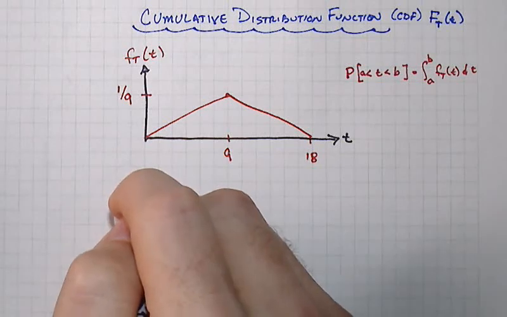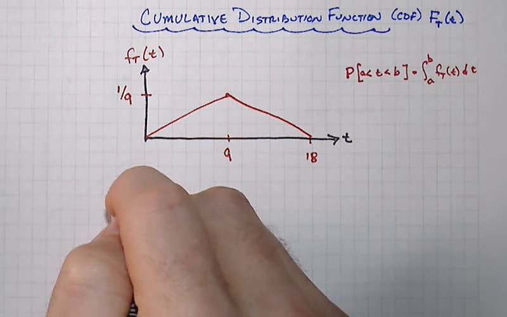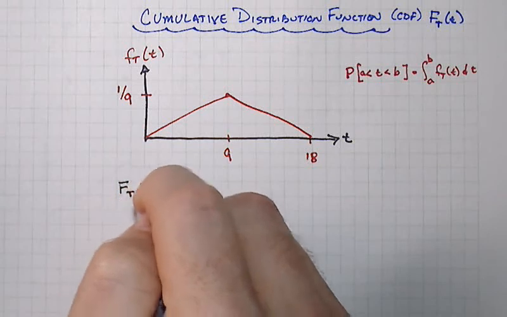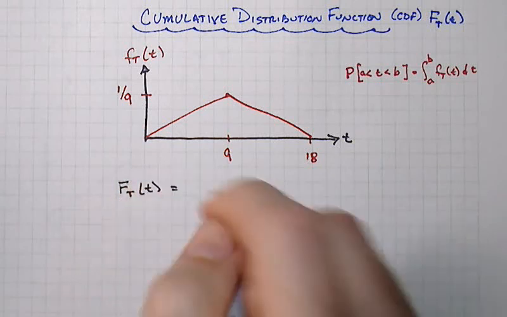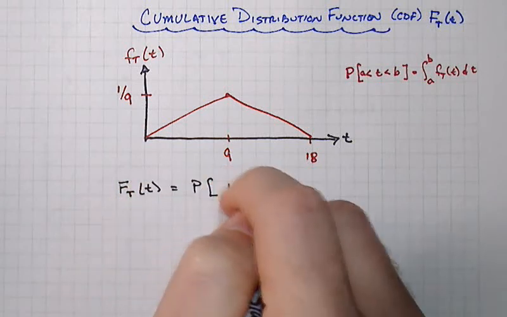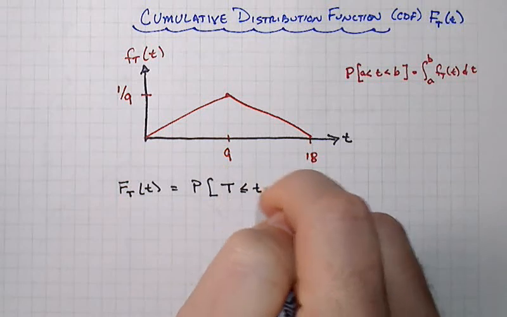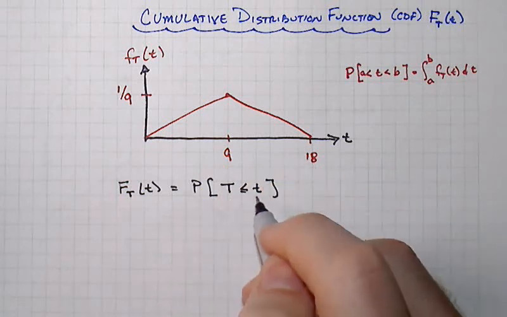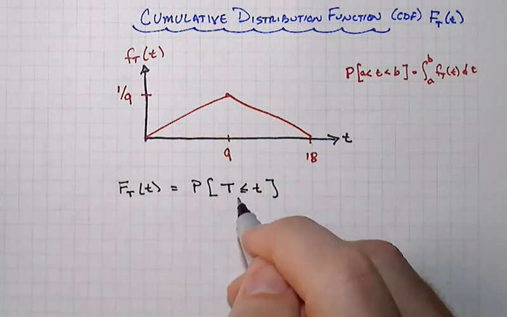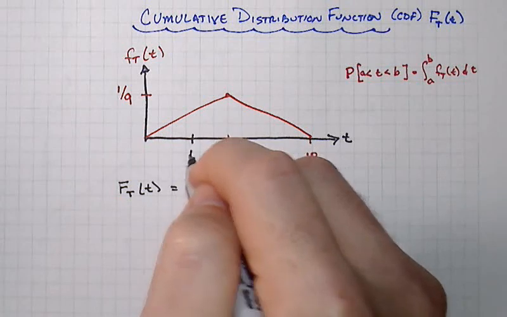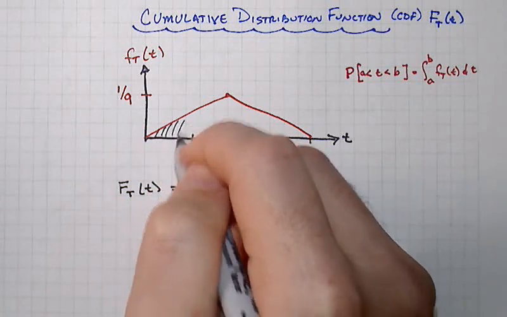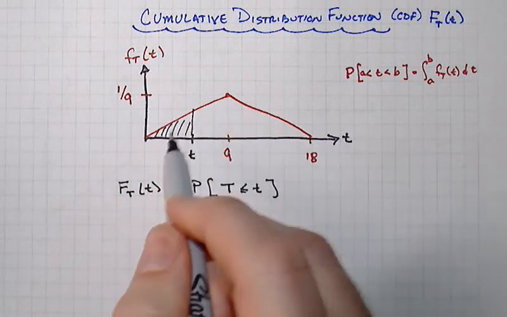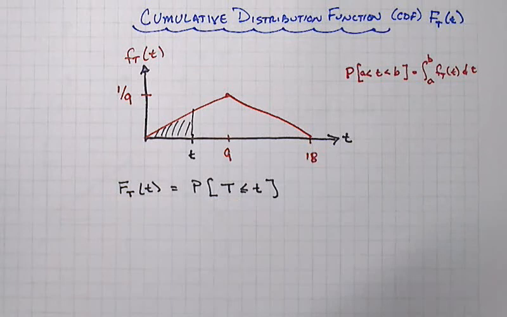So by definition then, F(t) is the probability that a random variable is less than or equal to t. So we're going to look at what happens as we march along, and in essence, how does this area grow as a function of t?